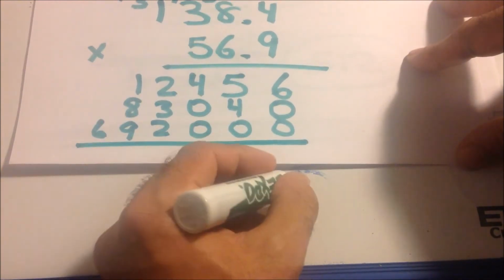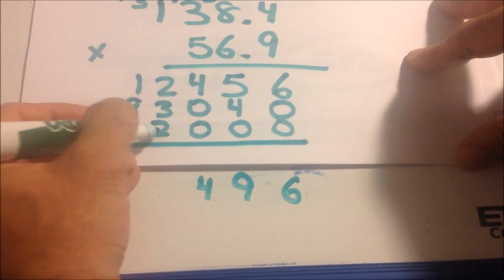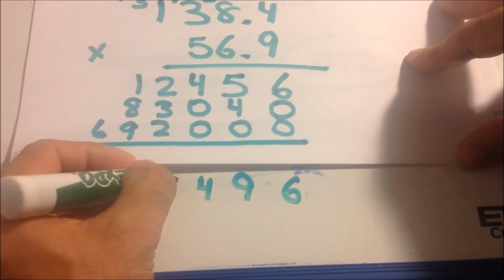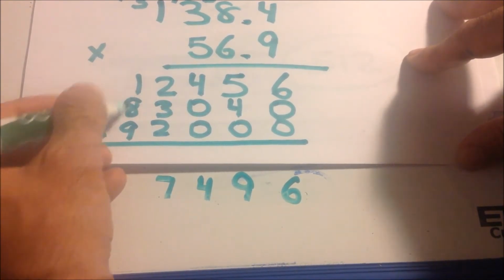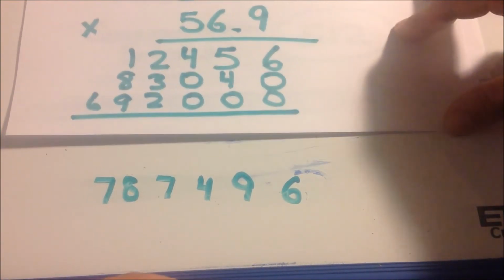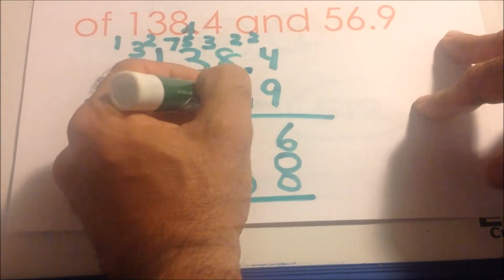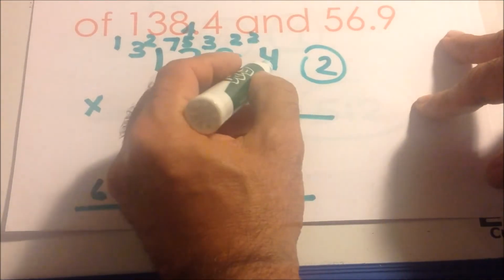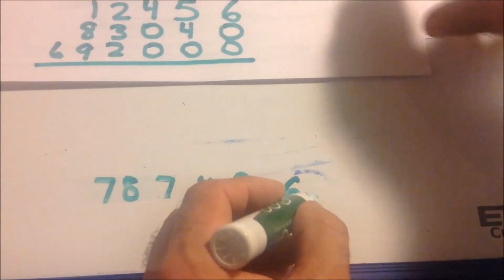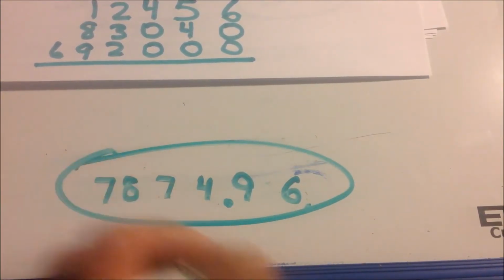So here's our giant number. So remember, we had 2 decimal places, 1 here, 1 there. So we have to move it from the last number twice, and that would be our answer.